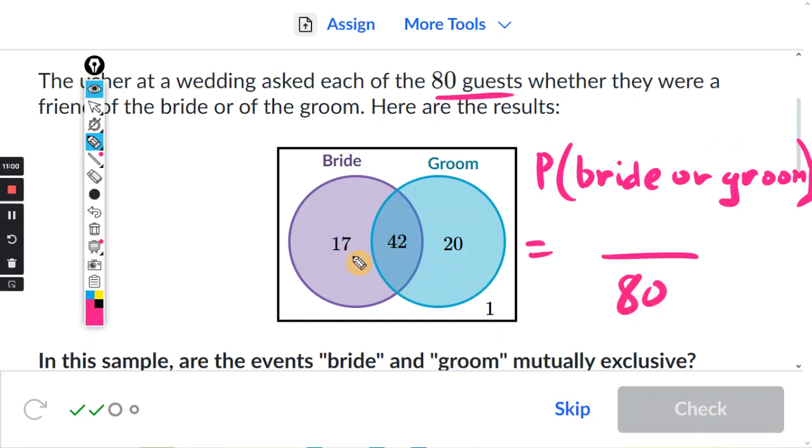How many were friends of the bride or groom? 17 plus 42 plus 20. The reason I'm allowed to do that is because I only counted the overlap once. If you count it twice, you're going to have to subtract it. So this is 59, 79 over 80.